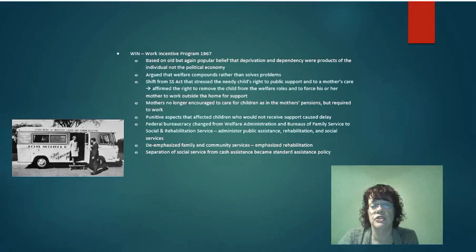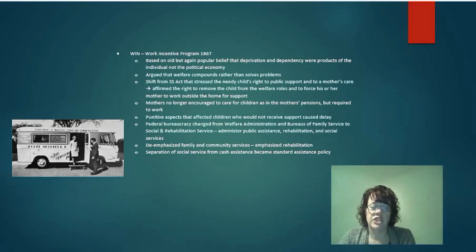A shift from the Social Security Act that strengthened the needy child's right to public support and a mother's care. It affirmed the right to remove the child from welfare rolls and to force his or her mother to work outside the home for support. Mothers no longer were encouraged to care for their children as they had with mother's pensions, but instead were required to work. Punitive aspects affected children who would not receive support and caused delays.